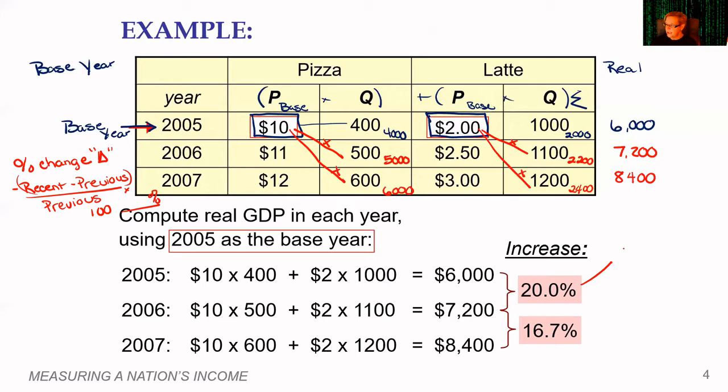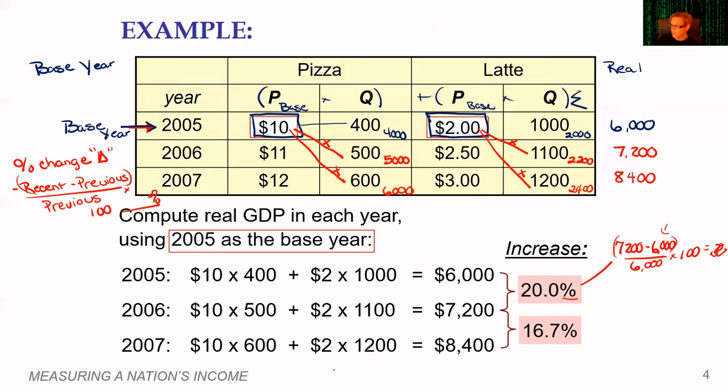The 20% came from 7,200, the most recent year, minus 6,000. Do that first, divided by the 6,000, times 100, and we'd end up with 0.20, which is actually 20 from the first portion, and we express it as a percent, 20%.